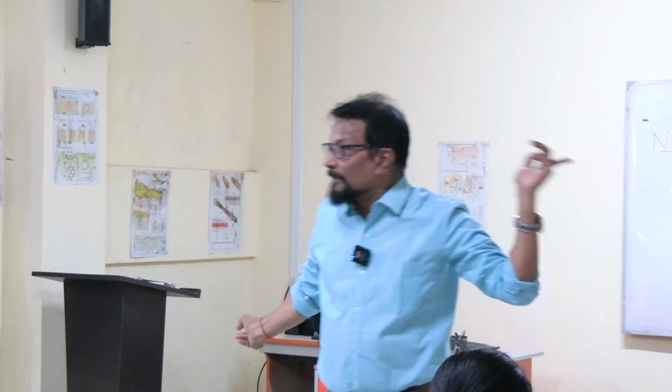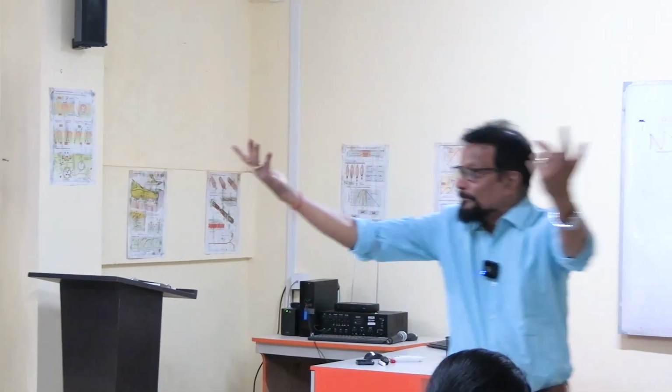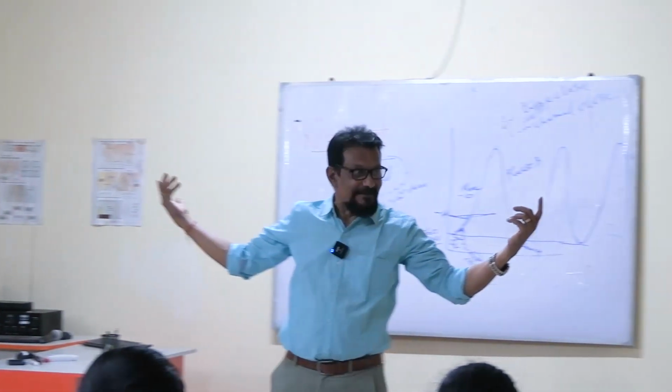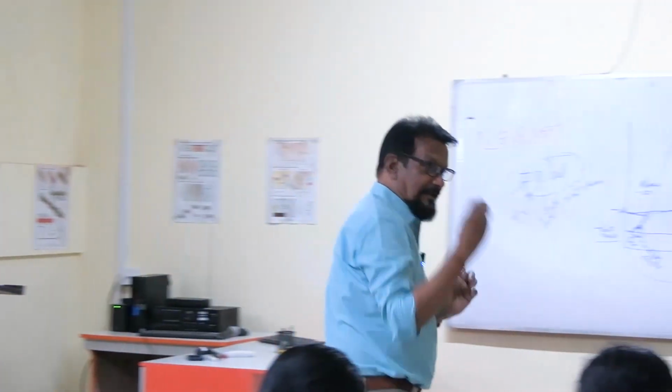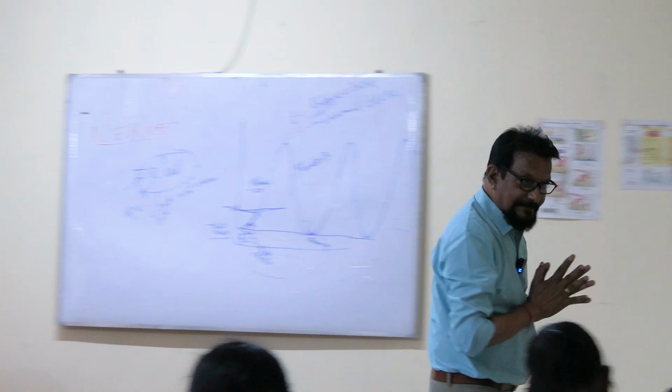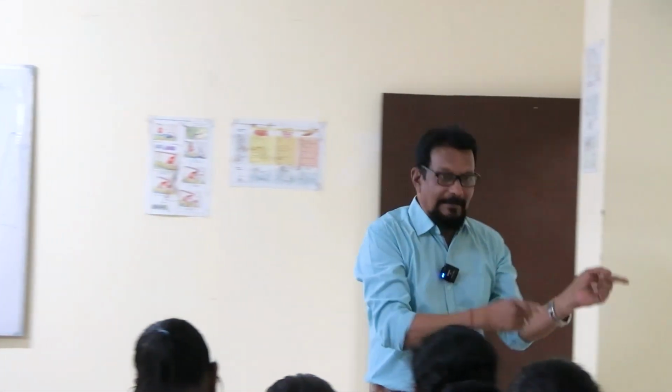The base of the heart is the last part that gets the cardiac impulse. So this is how the cardiac impulse is generated at a node and transmitted to the cardiac muscle.